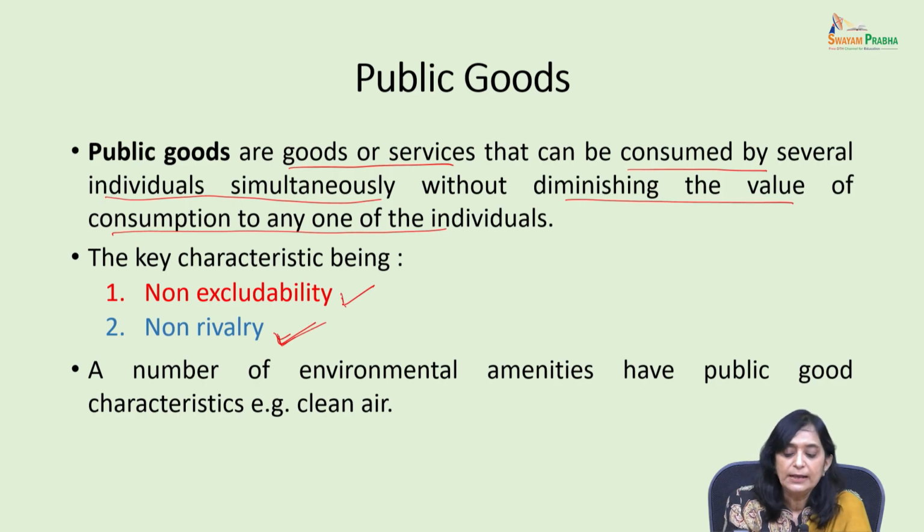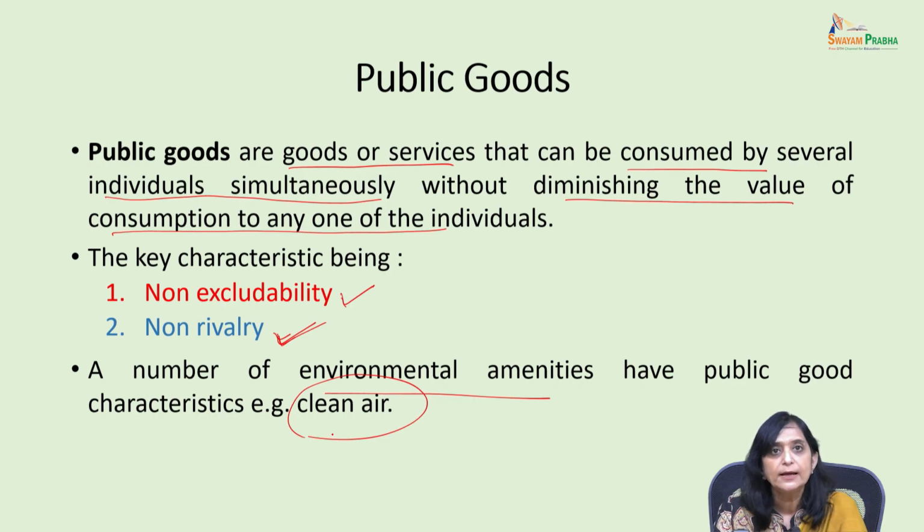For example, environmental amenities, particularly clean air, is something which we call a public good. If I am breathing clean air in my city, it is non-rival because my breathing of clean air is not going to reduce the availability of clean air to the rest of the citizens of my city.